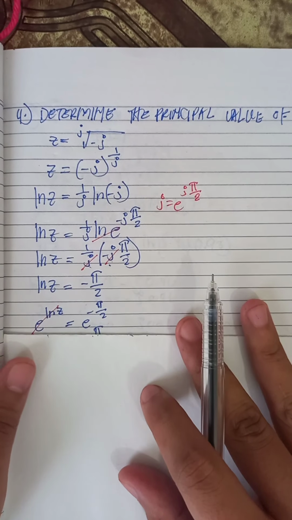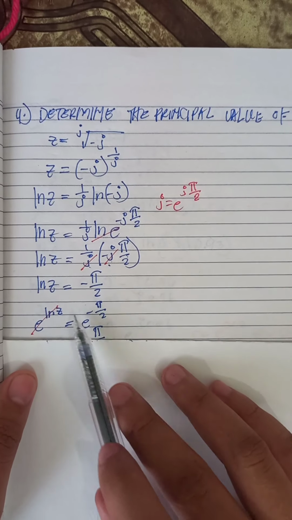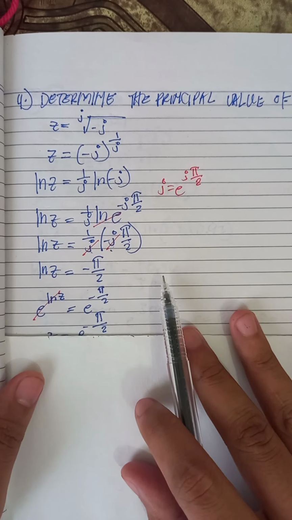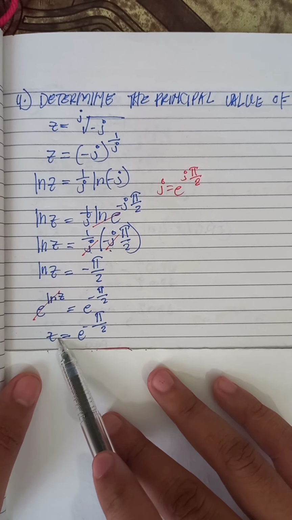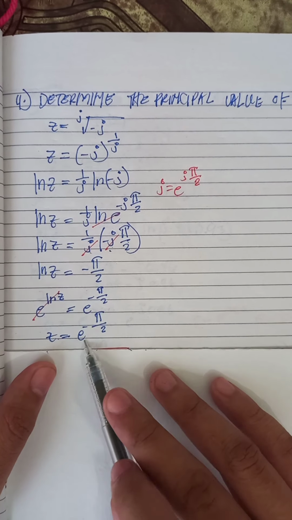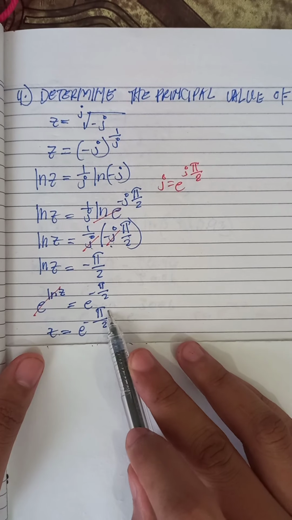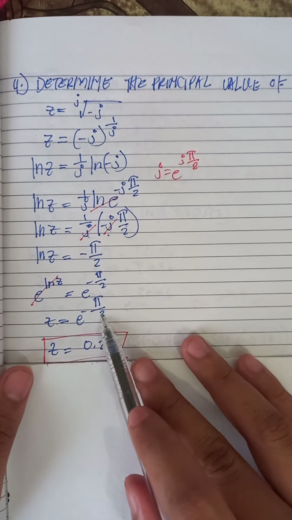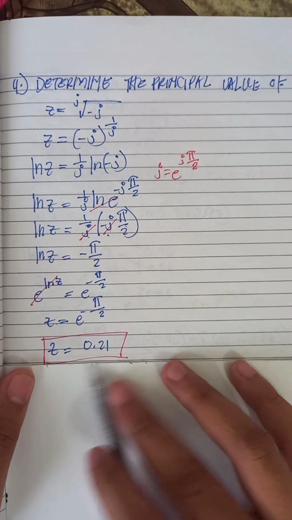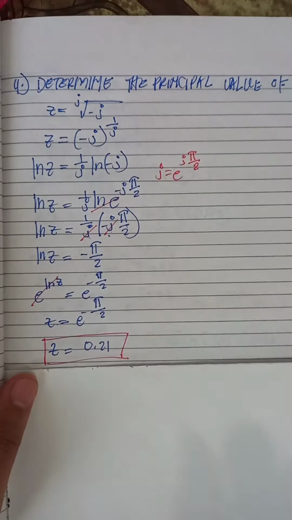Then we perform the Euler rule so that we can cancel the ln, so that it will become z. So the value of z is equal to e raised to negative pi over 2, which is equal to 0.21. So this is the value of z, number 4.